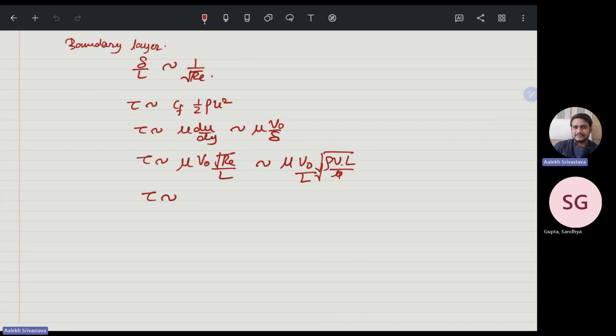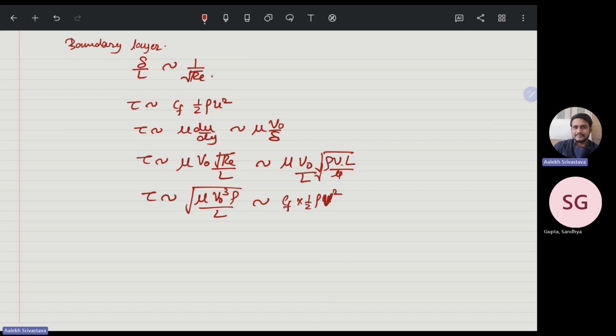Now if I say it is under root, mu would go inside. So it is mu V0 cube, because square and cube, and then divided by, into rho by L. In this way you can say that the shear stress is dependent on that, and the shear stress is also equal to Cf into half rho U square, that is also equal to V square.